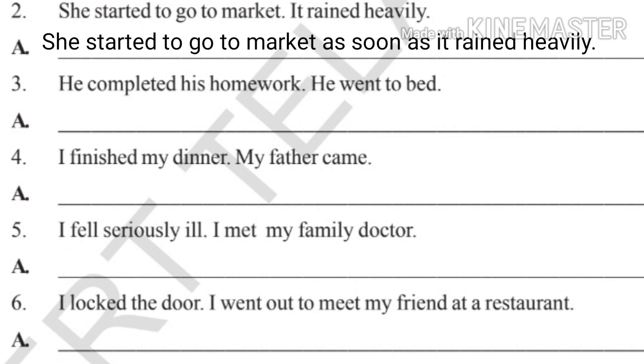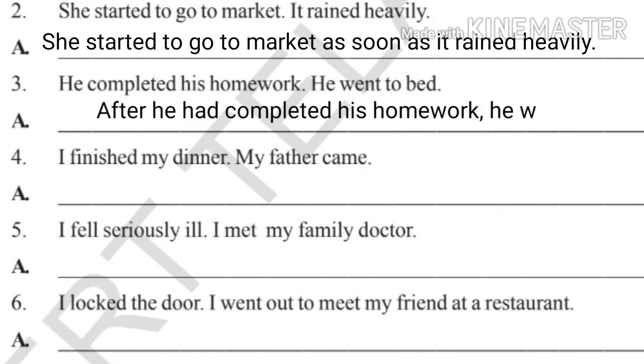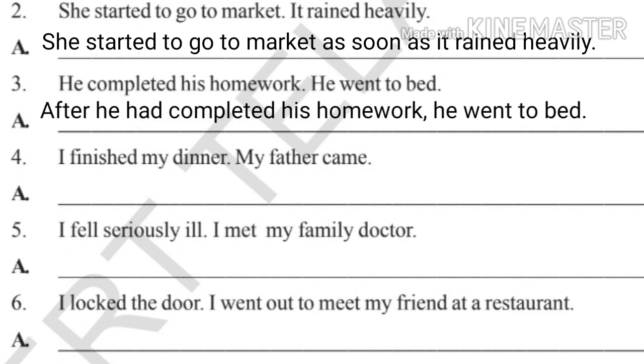And the next one: he completed his homework. He went to bed. So what is the first action here? Completing homework is the first action, so we have to write it in past perfect tense. After he had completed his homework, he went to bed.